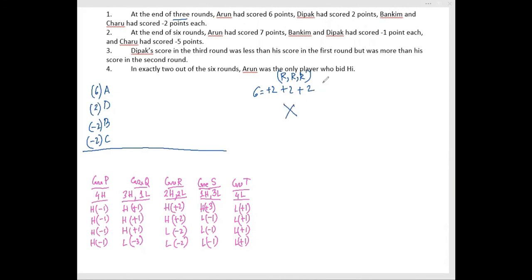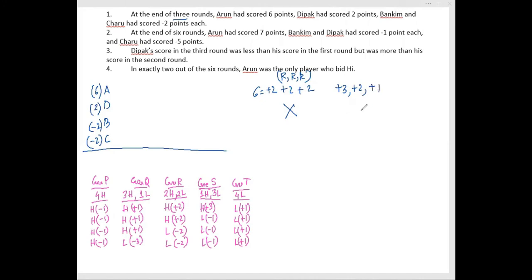So this case is not possible. Now, is there some other way I can get 6? What next possibility? To get 6, I could get 3, 2 and 1, one each of +3, +2, +1.